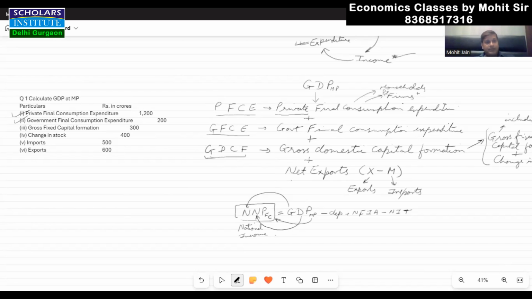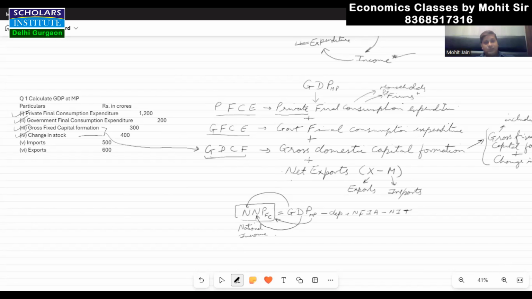Okay. Then we need gross domestic capital formation, which is combination of gross fixed capital formation and change in stock. So gross fixed capital formation is given to us and change in stock is also given to us. So if we add these two, we will get gross domestic capital formation. So third thing is also available to us.